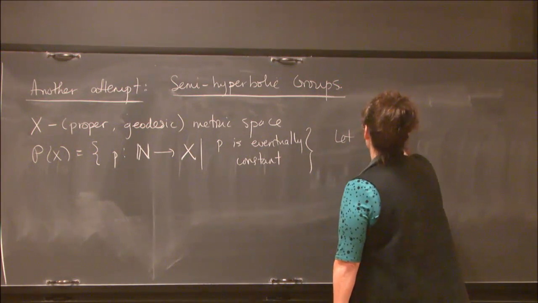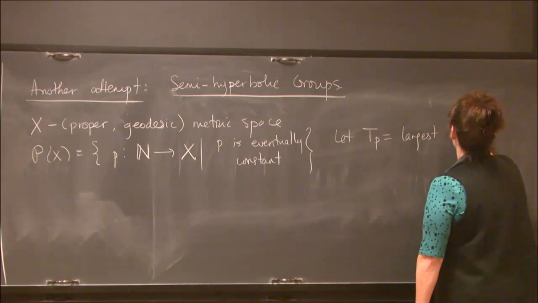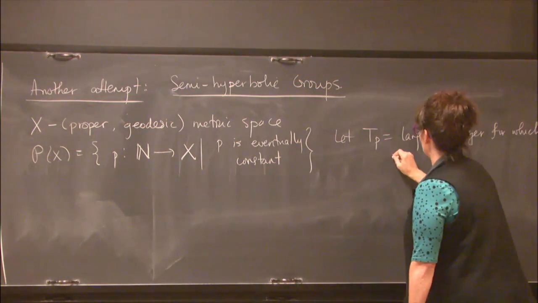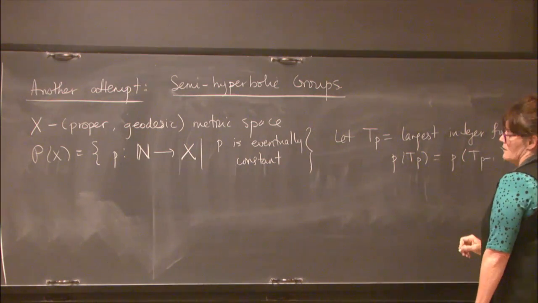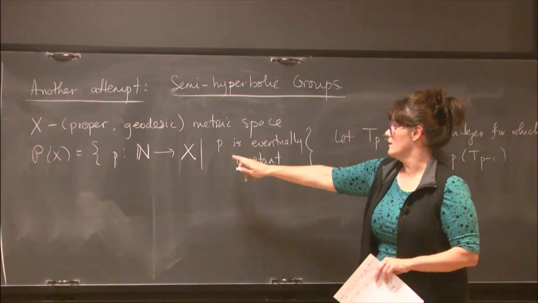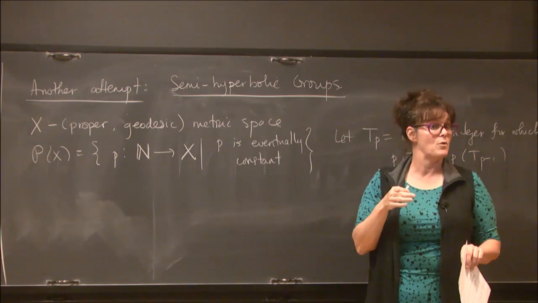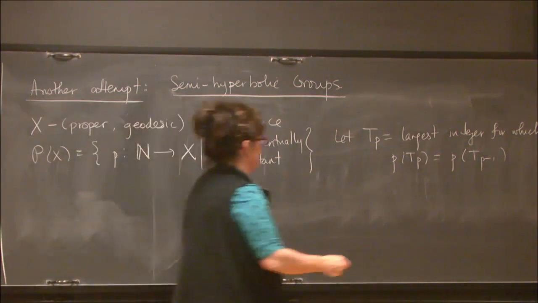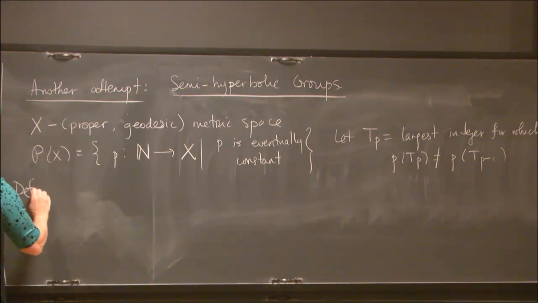And we're going to let T_P equal the largest integer for which, you know, P is not constant. It's kind of technical, but all I'm really saying is that I'm mapping just the naturals in, and at some point I'm going to stop. I'm going to get a finite discrete path between any pair of points. That's what I want to get eventually. Not equal to, yes, thank you. Right? And so now I want to give this definition.